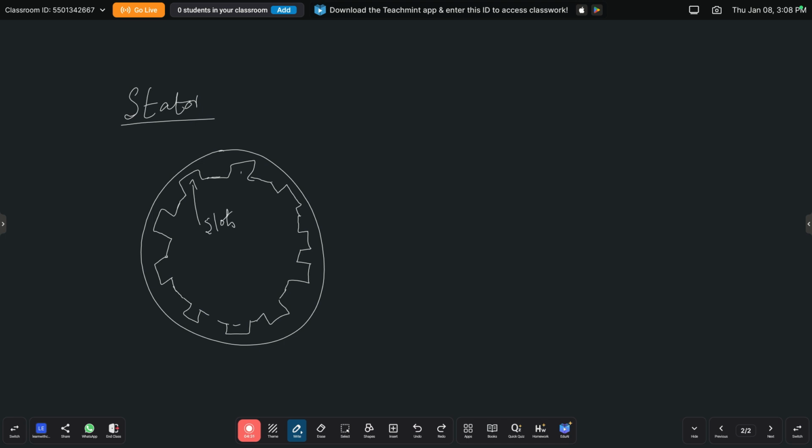These are the slots. This is the stator. These all are the slots.